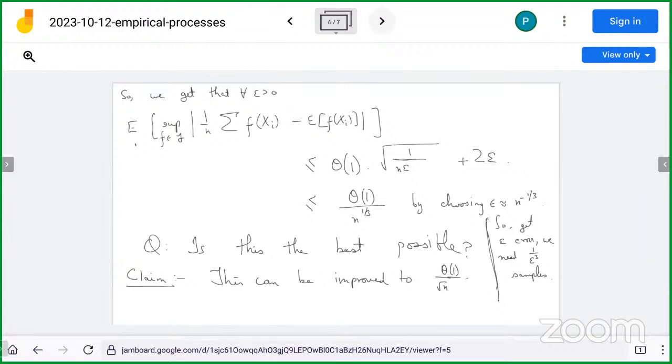The main idea is improving the variation by using epsilon nets at all scales. This method is often called chaining.